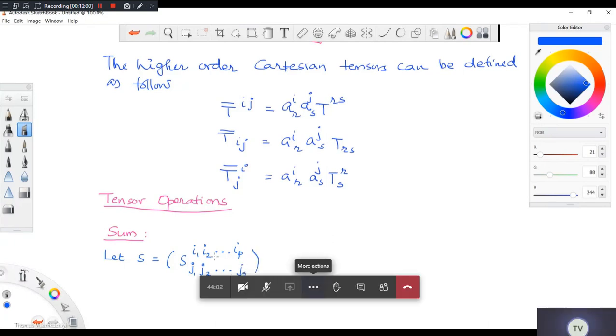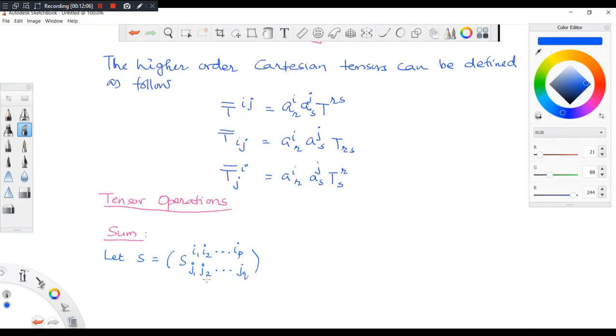So it is contravariant in P indices and covariant in Q indices. Okay, so the rank of this tensor is P plus Q, total rank.